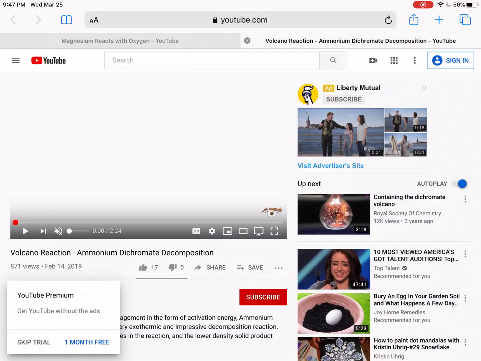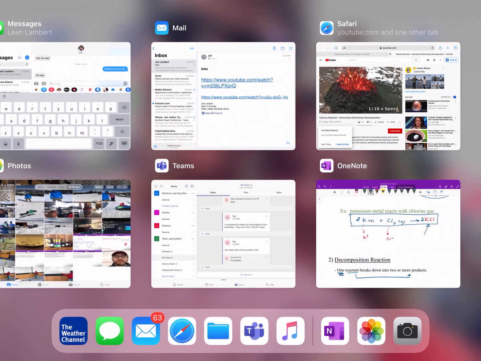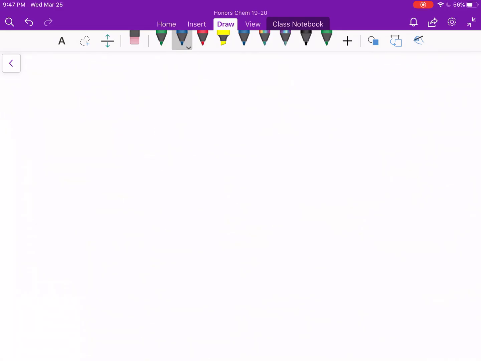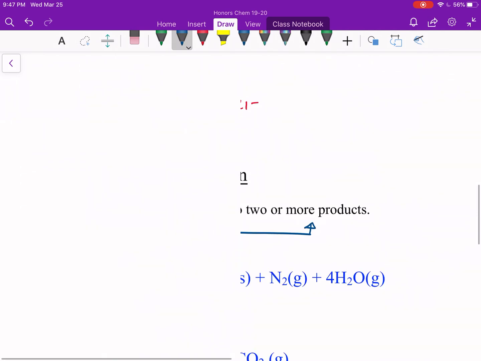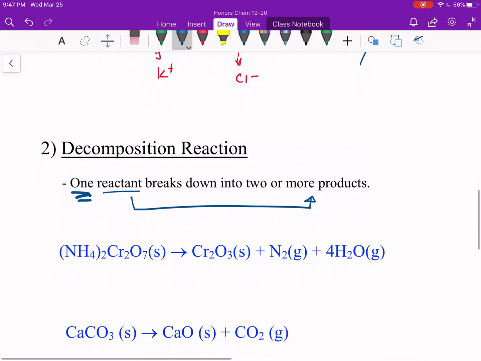And so let's take a look at that reaction, right? And this one, wow, is here, right? Here's the formula for ammonium dichromate, right? And so in this case here, that thing is decomposing into 3 things, right? We get chromium 3 oxide, nitrogen gas, and water vapor.